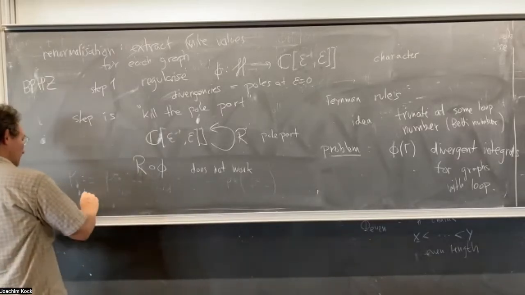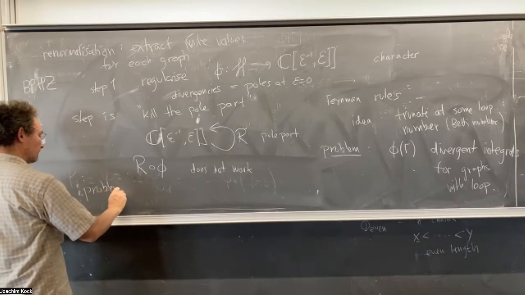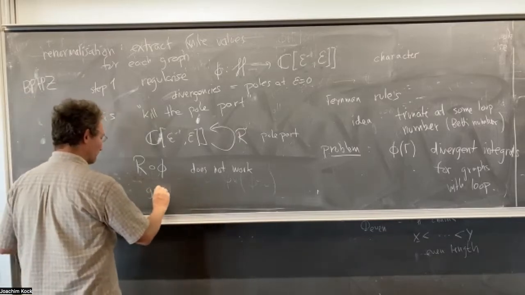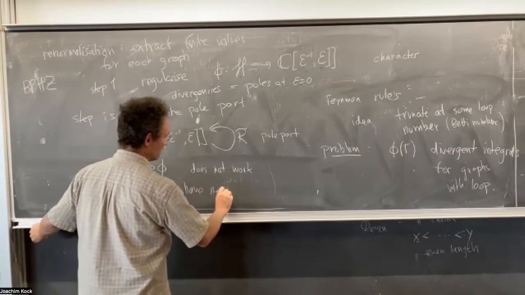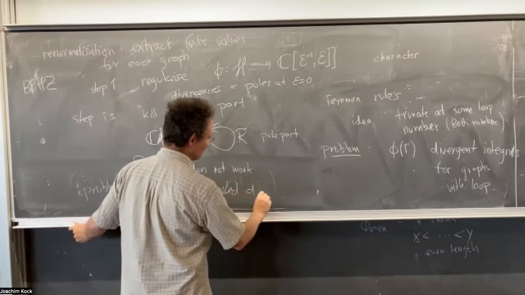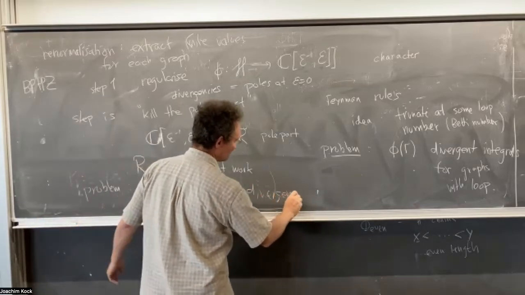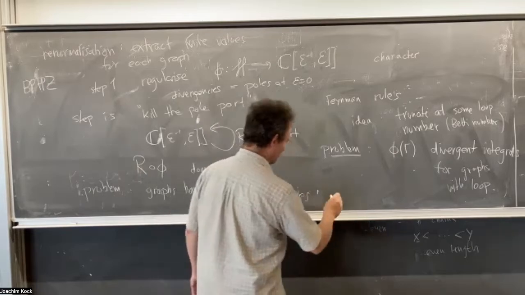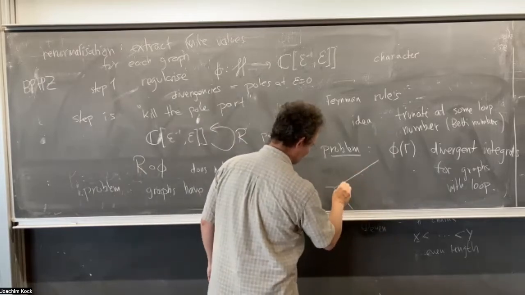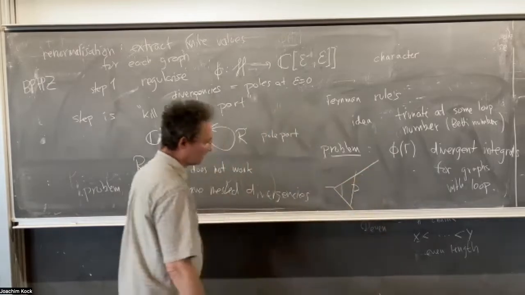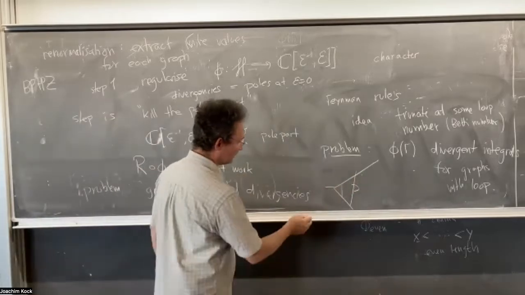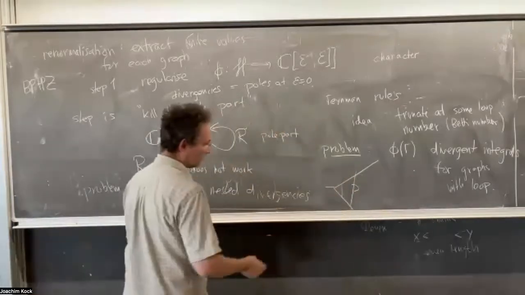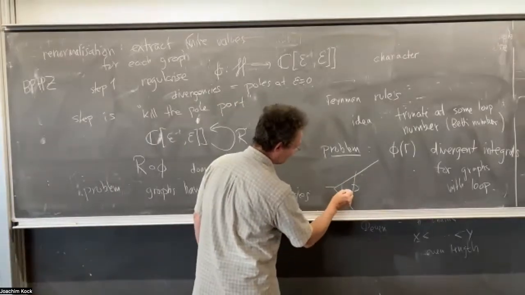So important physical property is lost. So the problem is that graphs have nested divergences. So for example, if I draw a graph here, that's a graph with 3 loops. So it has overall a divergency, but it also has these nested ones.